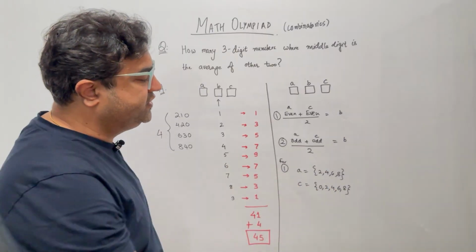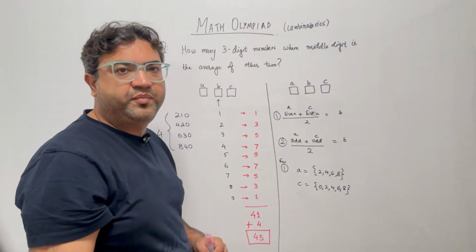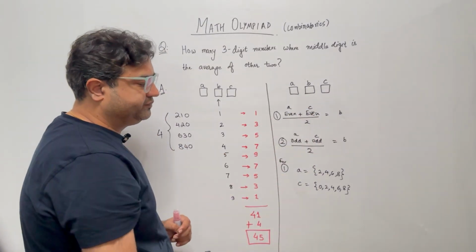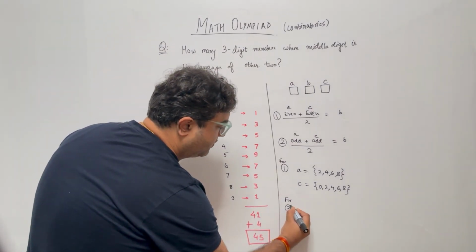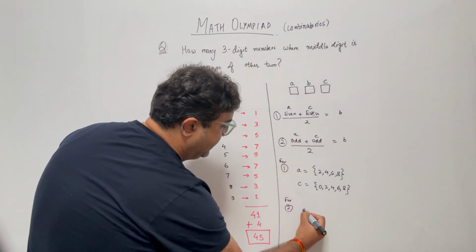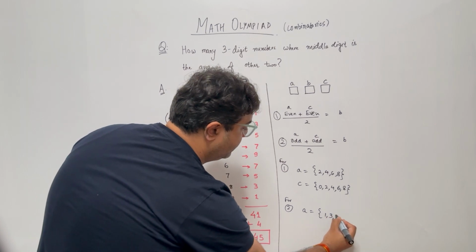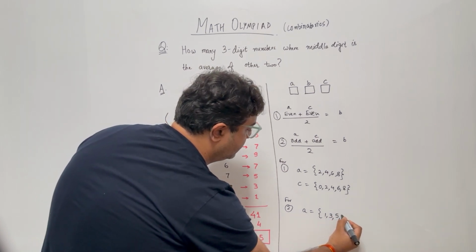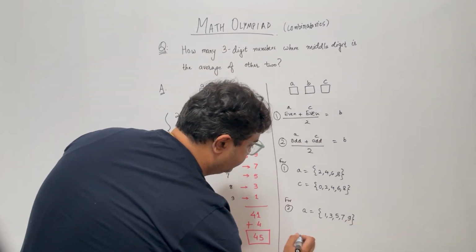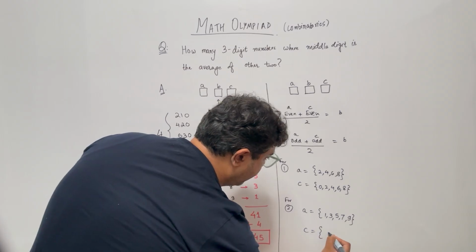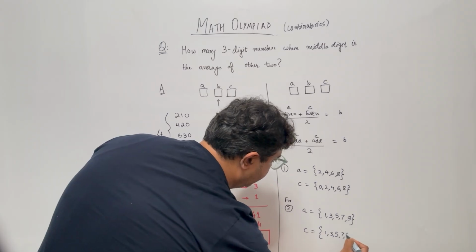So with a combination of these two, when we average it out, we will find a value of B which is between 1 and 9. Correct? Then for the second case, A can be 1, 3, 5, 7, 9, and C can be 1, 3, 5, 7, 9.